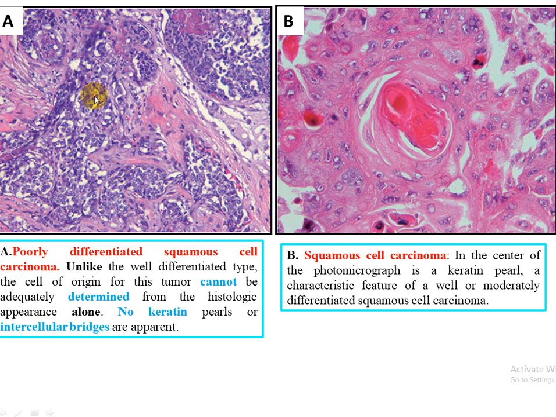The undifferentiated type is more highly malignant than the moderately or well differentiated type, and has higher metastasis than the well differentiated type.